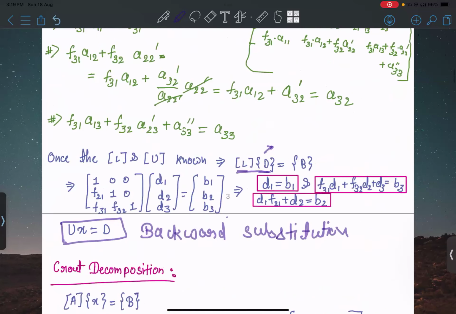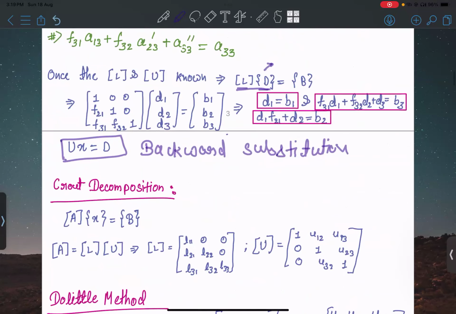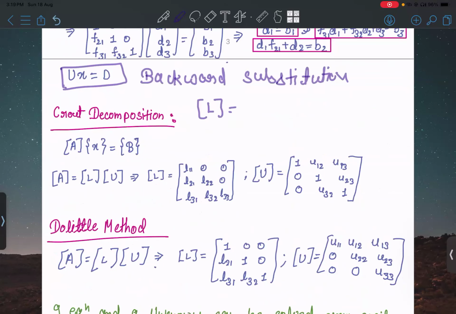So now if you see here, suppose I am assuming in general that L is a lower triangular matrix, so the upper part will be 0. Suppose I am taking 3 cross 3. So L11, 0, 0, L21, L22, 0, L31, L32, L33.